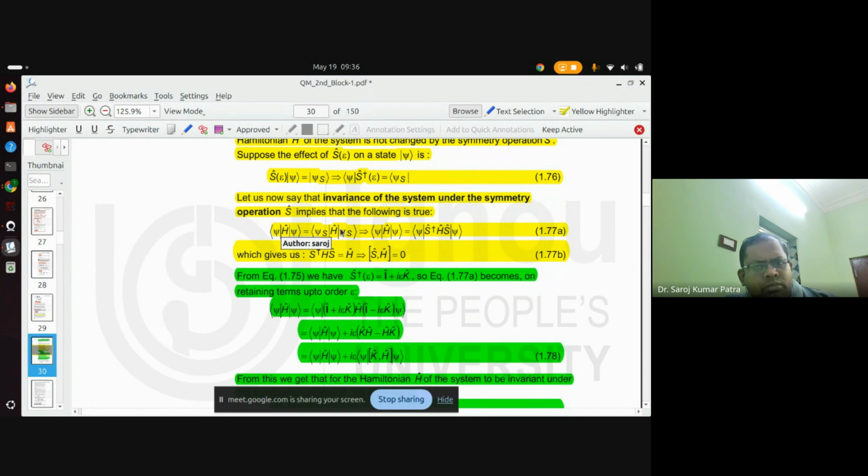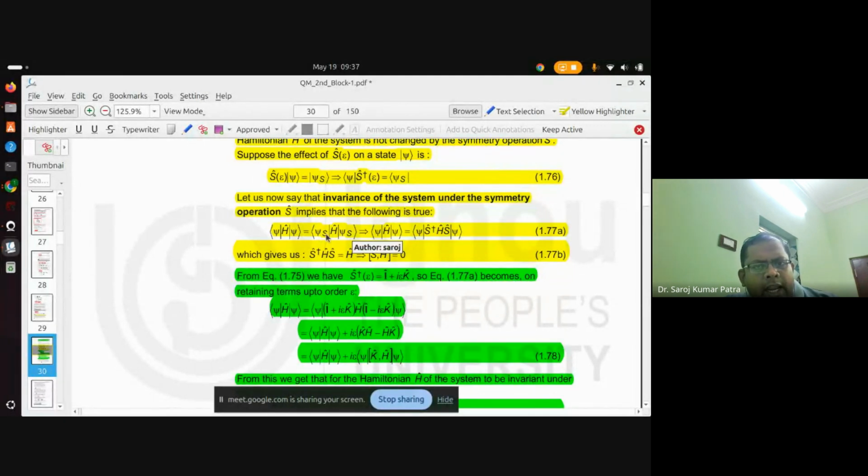So if it is invariant under symmetry, the expectation of the Hamiltonian in the transformed state must be equal to the expectation of the Hamiltonian in the initial state. Psi S is equal to S psi, and if we take the dagger, it will be psi S dagger. Substituting that, we get S dagger H psi. So the initial expectation psi H psi must be equal to the transformed expectation.